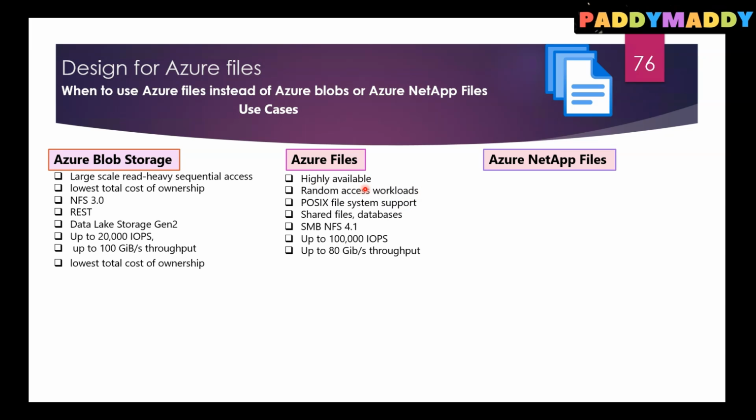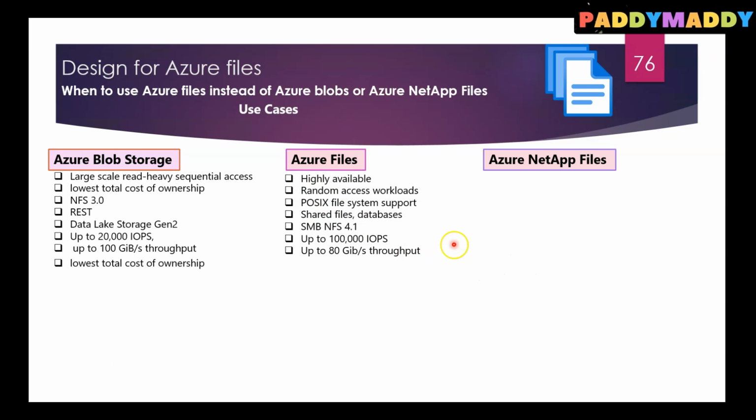For NFS shares, Azure Files provides POSIX file system support that can easily be used from container platforms like AKS, Azure Container Instances, or Azure Kubernetes Service. So this is where you're going to use Azure file systems, and it has a built-in CSI driver for Azure Kubernetes Service, in addition to VM-based use.